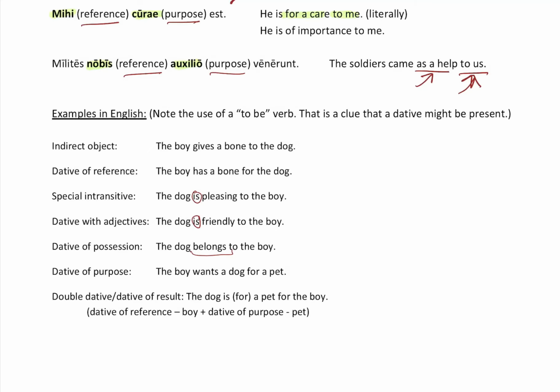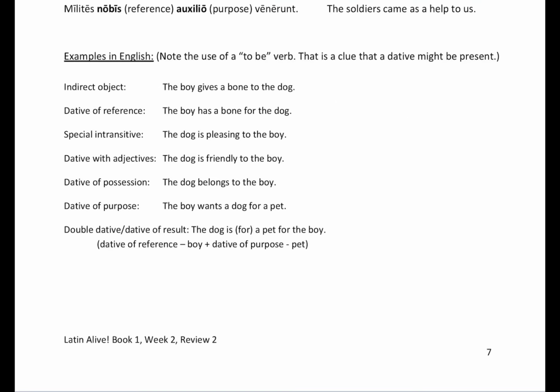Sometimes if you get stuck in the Latin because you're not as familiar with the grammar, if you take a look at examples in the English, it'll help you to understand what's going on in the Latin. They use the to be verb right here, and they also use that in the dative of possession. Remember, the form of esse, but it means belongs to. Those are often clues that you're going to have a dative.